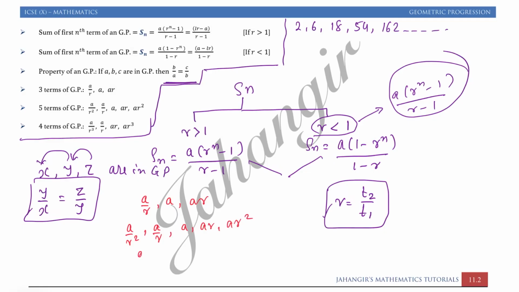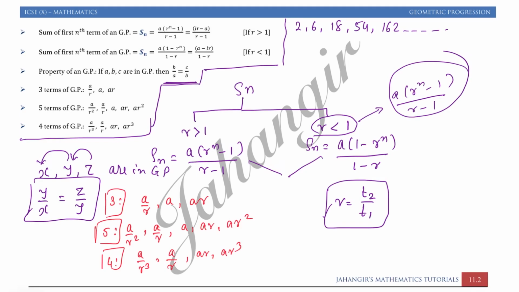When they say four terms, we can simply write A by R cube, A by R, AR and AR cube. This is three terms, this is five terms, this is four terms. Hope you understood. Geometric progression has very simple concepts.